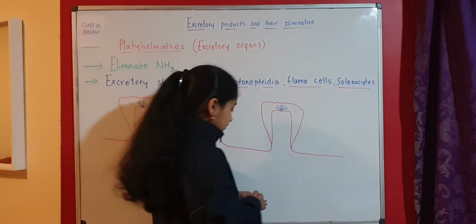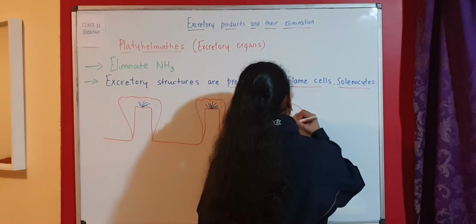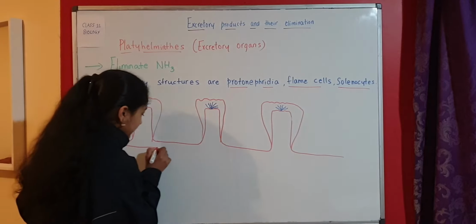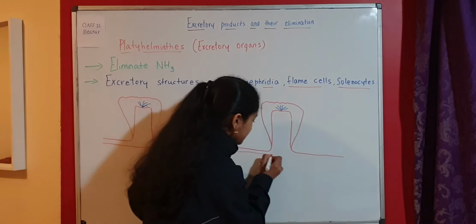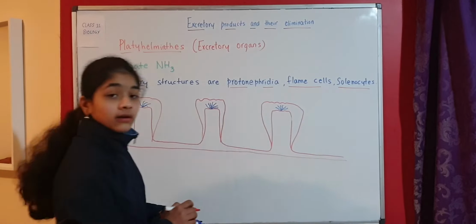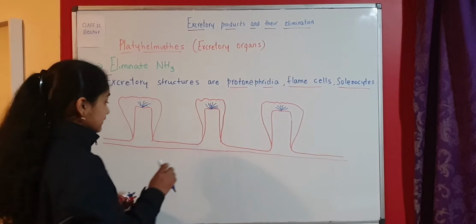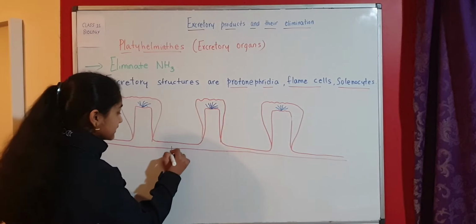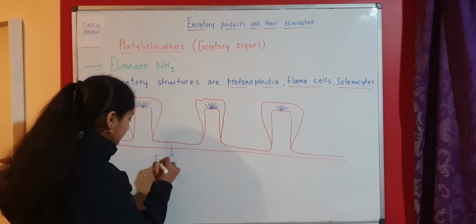They look like this. Again, here we have one big duct, tubes. Let's label it now. This long tube is called the excretory duct.